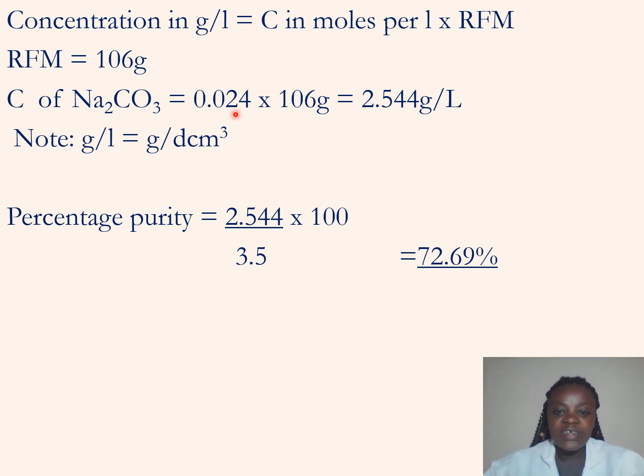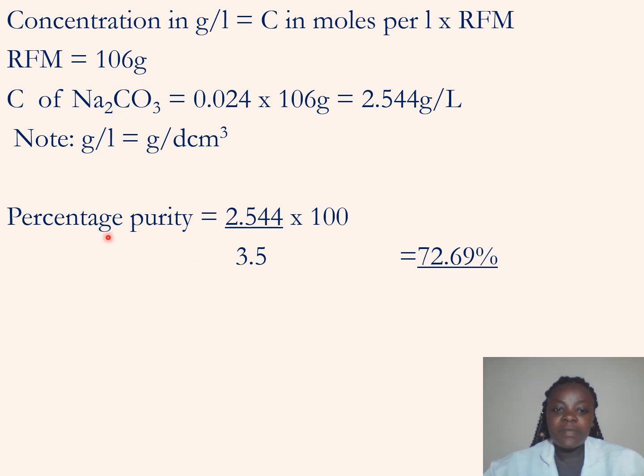So this will give us 2.544 grams per liter. And remember, 1 liter is equal to 1 decimeter cubed. So this 2.544 grams per liter can be written as 2.544 grams per decimeter cubed.